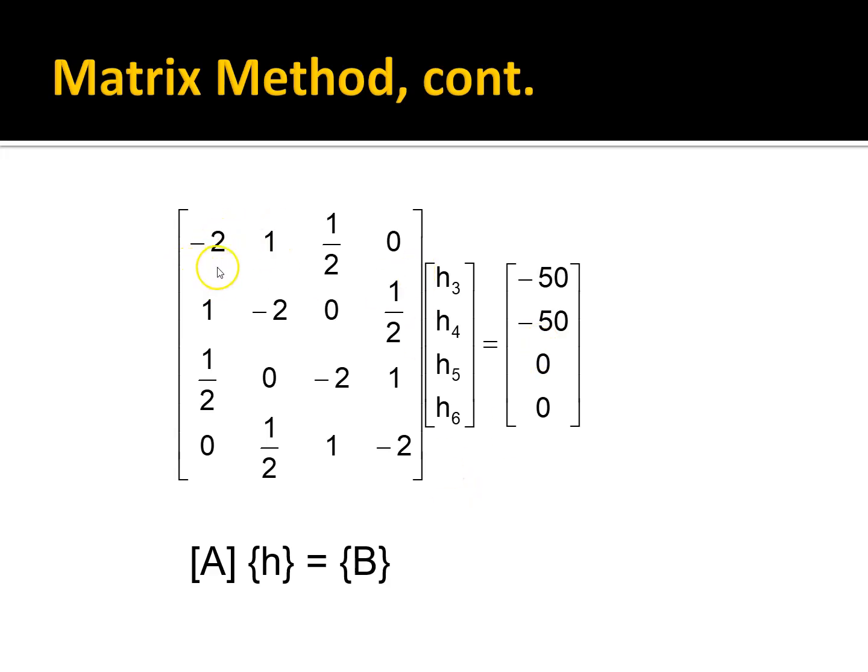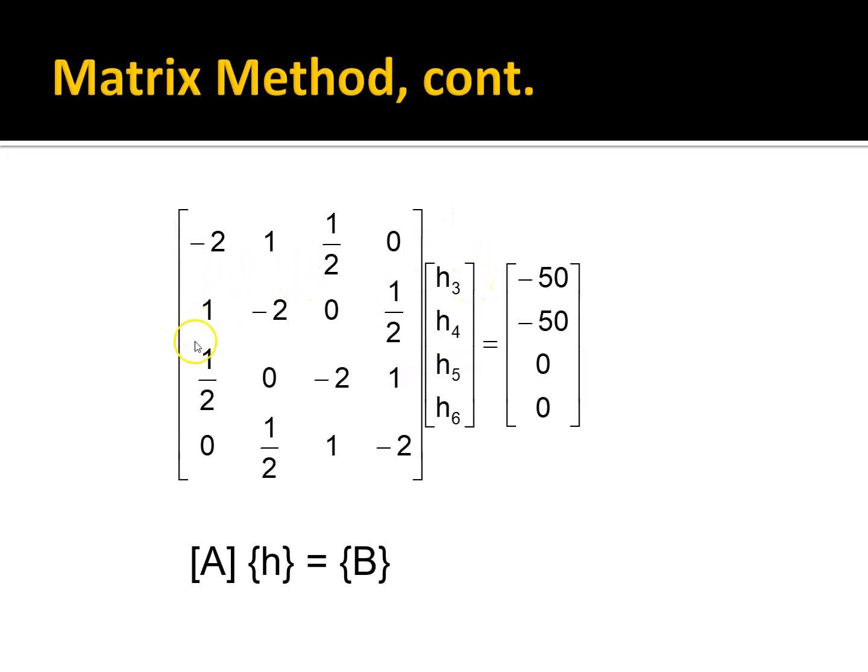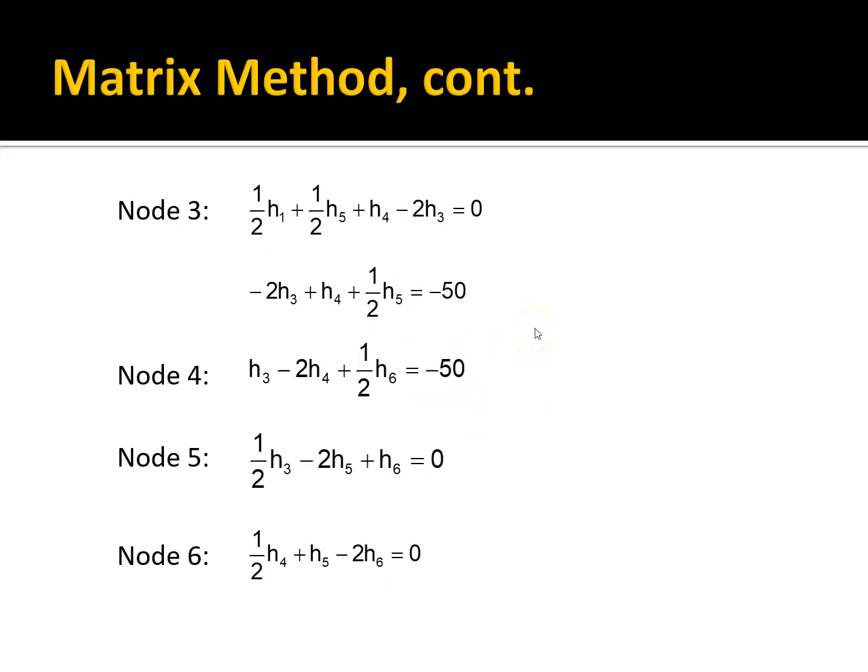So basically here we would say, if we have negative 2 times H3 plus 1 times H4 plus 1/2 times H5 equals minus 50. So that is this equation right here. And our next equation is 1 times H3 minus 2 times H4 plus 0 times H5 plus 1/2 times H6 equals minus 50.